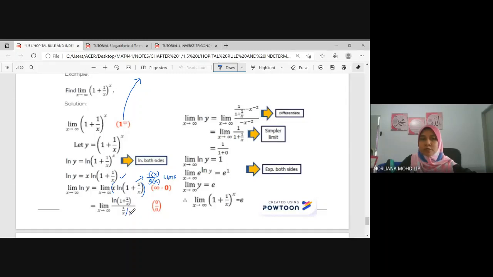When we substitute x equal to infinity into this new form, we get this answer equal to 0 over 0.